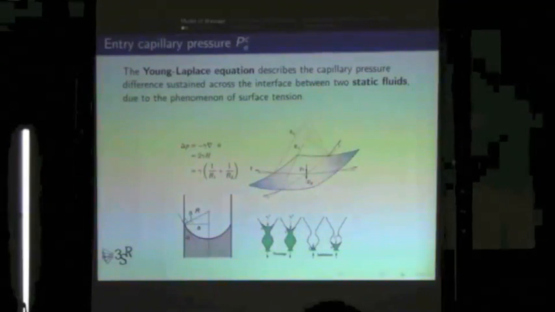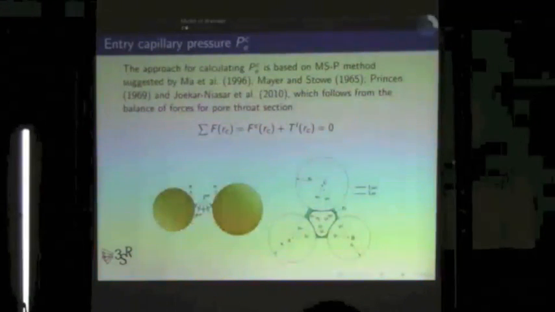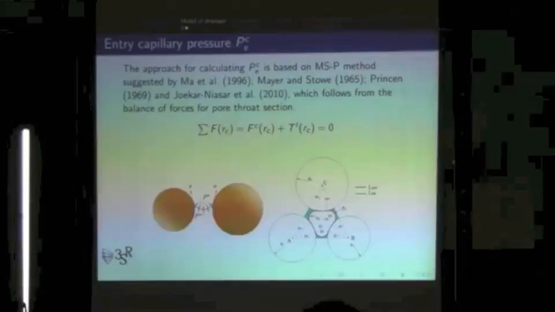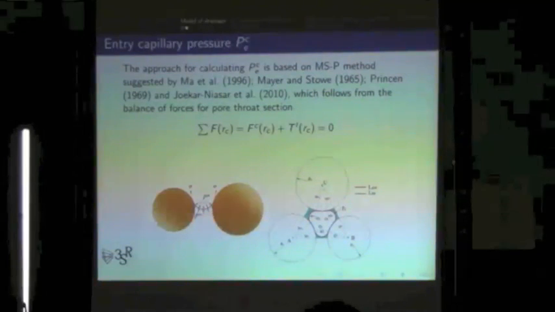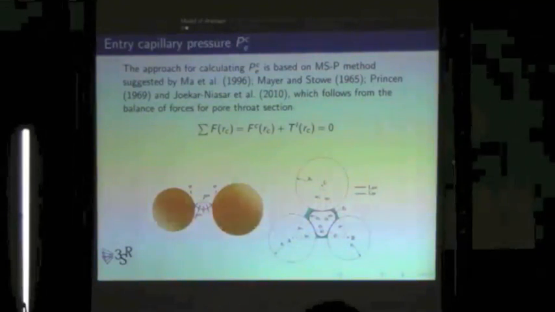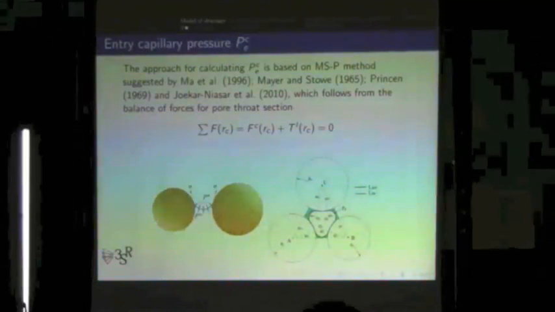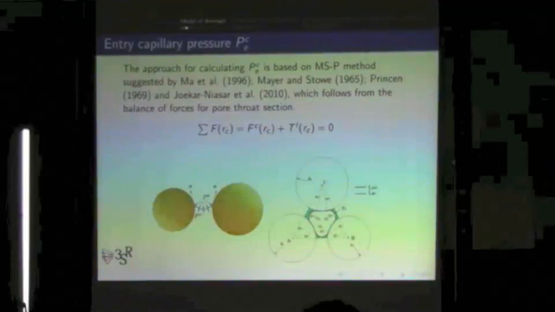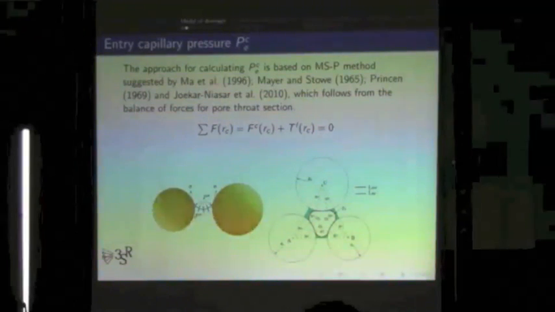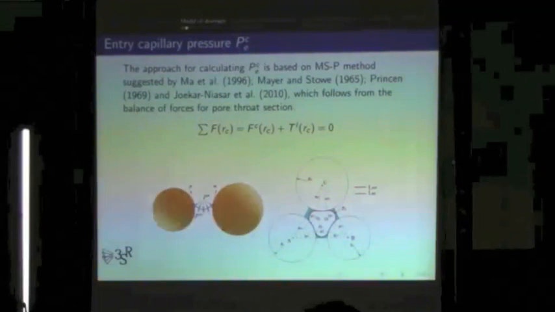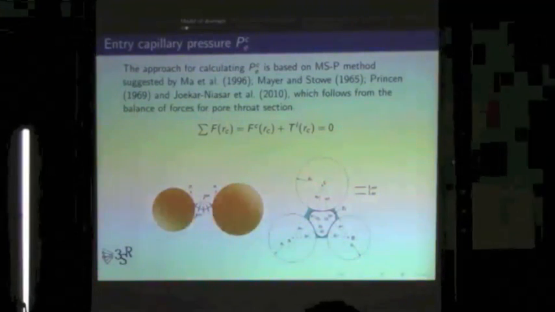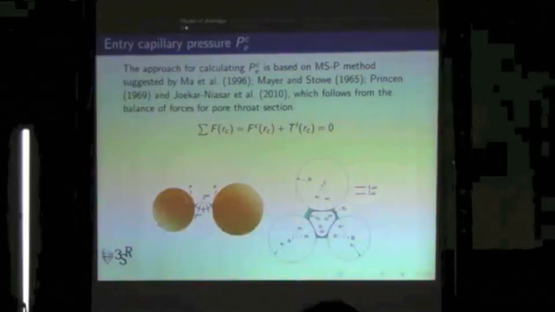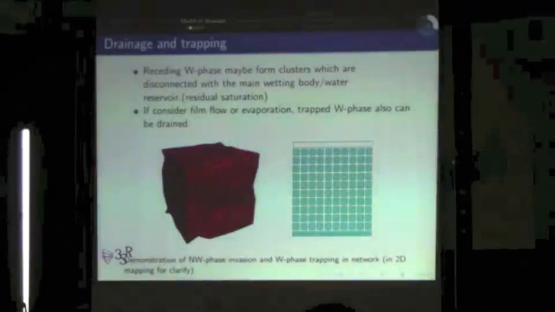So we turn to the numerical solution, which follows the MSP method, in which we can solve the entry pressure by the force balance of the non-wetting interface. The right image is the geometry shape of the pore throat. We can solve that by this equation and get our entry capillary pressure for each pore body. So we get all the information, then we go upscale to see our model.